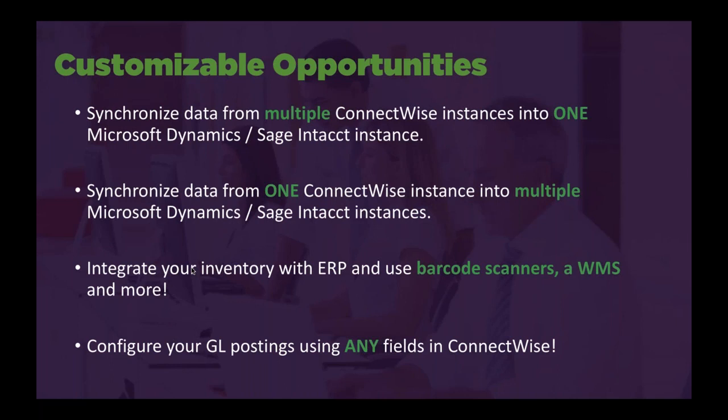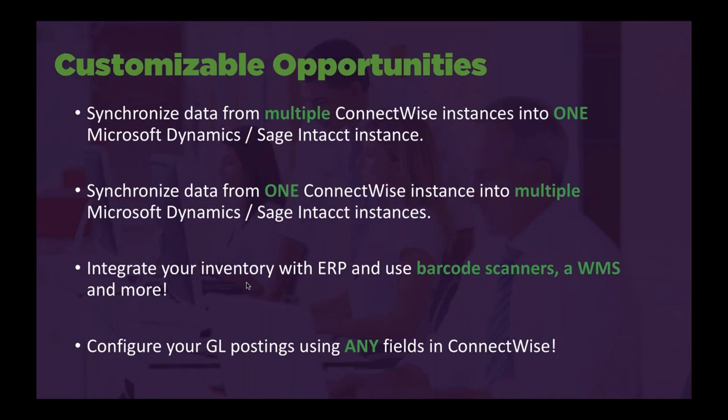Integrate your inventory with the ERP and use barcode scanners or a WMS type system. So we've got companies where we're doing a more detailed inventory synchronization, say with Dynamics GP, and they are using a full-blown WMS system to manage multi-bins and all the other aspects of their environment, barcode scanners to pull products and all of that.